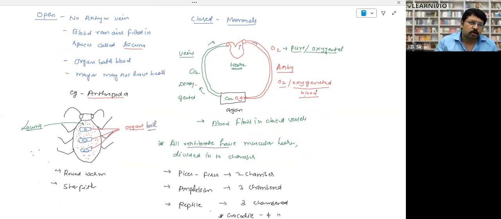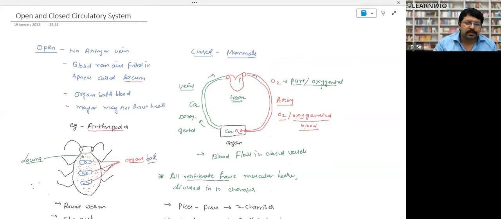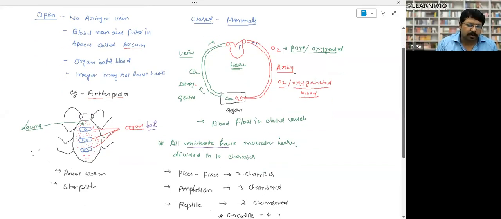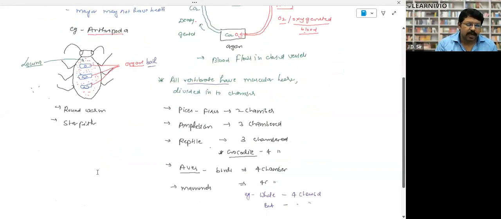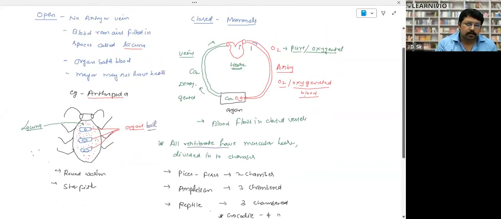They may or may not have a heart, but they will not have arteries and veins. This is called the open circulatory system, found in arthropoda, and also in animals like roundworm and starfish.